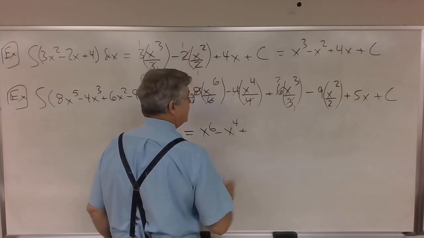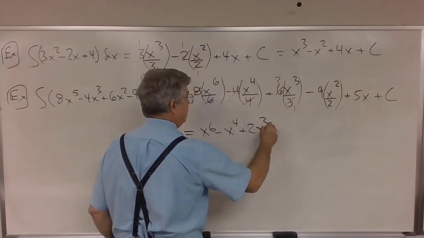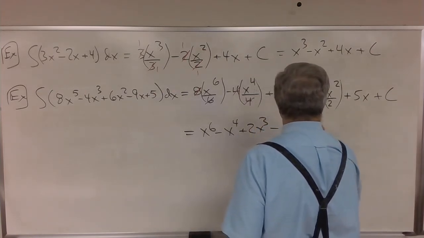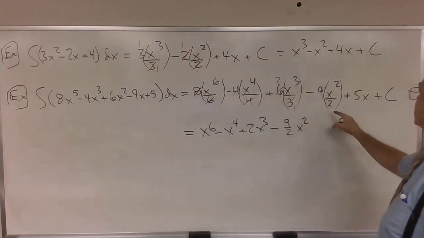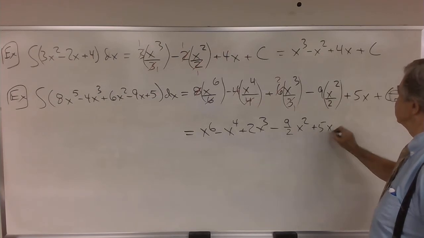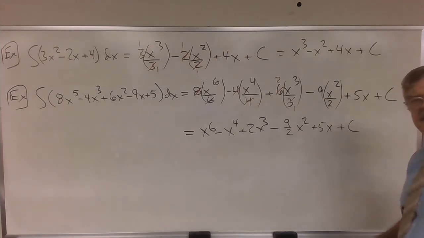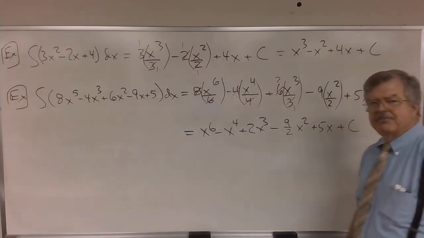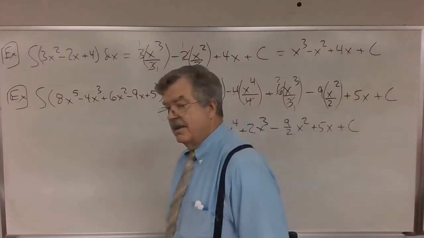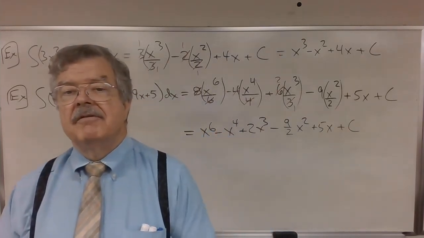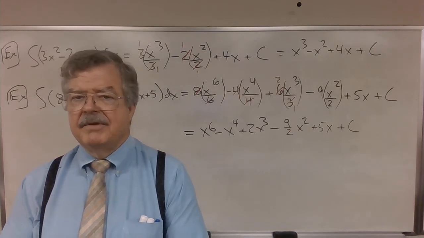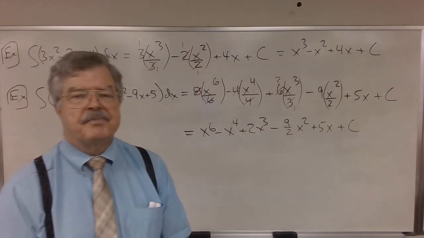Foolish me. Minus 9 halves x squared plus 5x plus c. So when it comes to computing the antiderivative of a polynomial, not a big deal. Not a big deal at all.